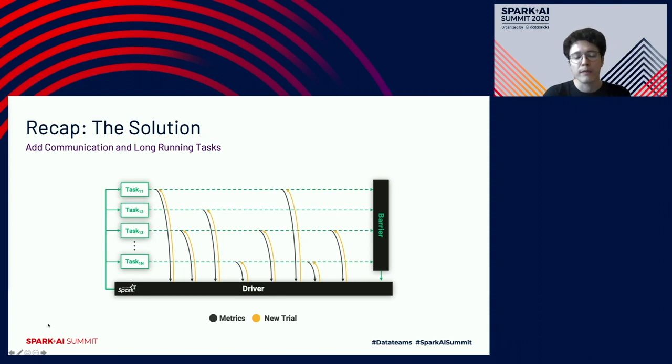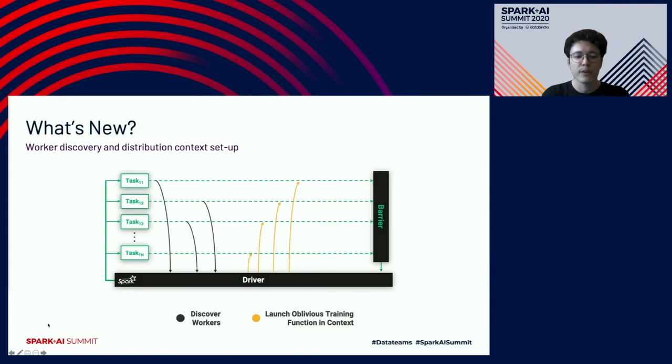And therefore we have asynchronism, saving resources. And today, what we're introducing is that not only are these tasks asking for new trials when they finish training a previous one, but they can also register with information with the driver such that the driver can send information and set up the distribution context before launching the training function on these workers or on these executors.